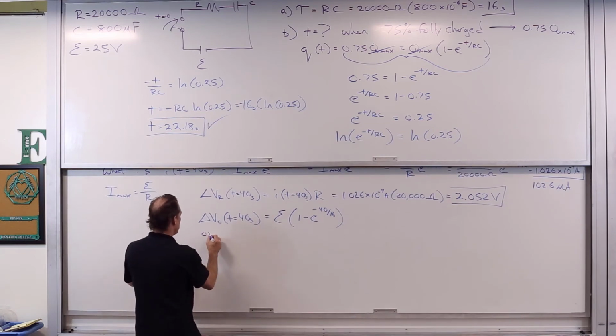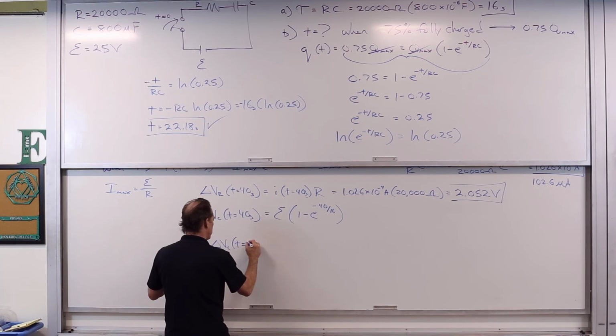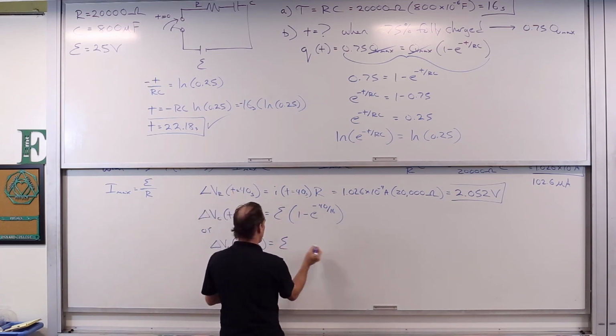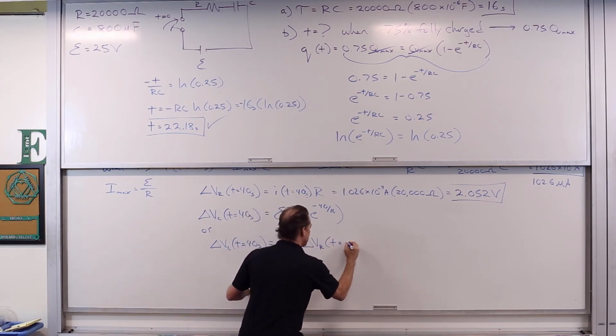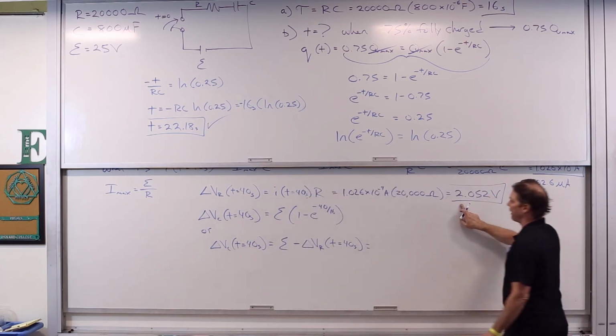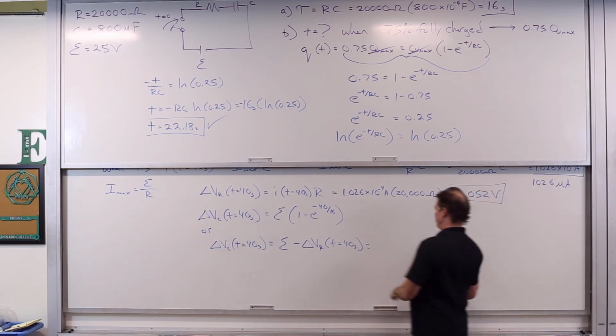Or delta V sub C at t equals 40 seconds must be the difference between the source potential and delta V sub R at t equals 40 seconds. Well, we've already got this right there. So what would we end up getting? 22.948.